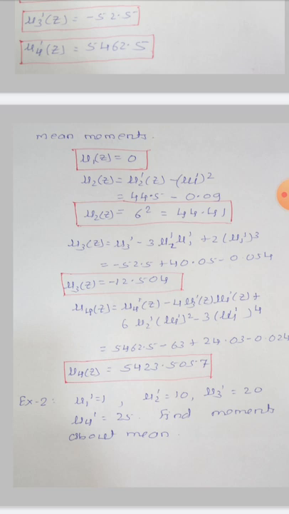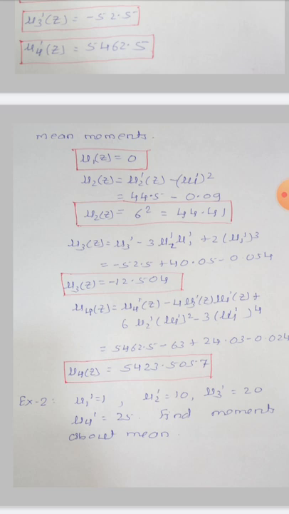It is equal to 5423.5057. In this way, we have calculated all four mean moments: mu 1 of Z, mu 2 of Z, mu 3 of Z and mu 4 of Z.